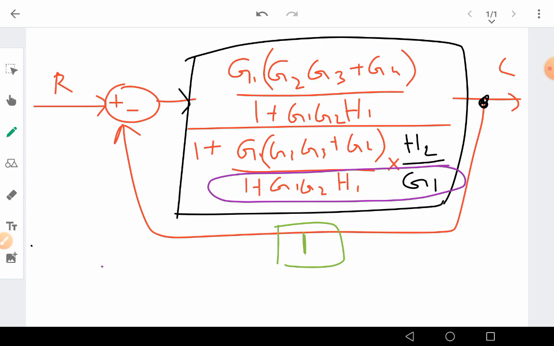Yeah, this is g4. So right now you have to find the LCM, then you have to simplify it. What will you get after simplification?